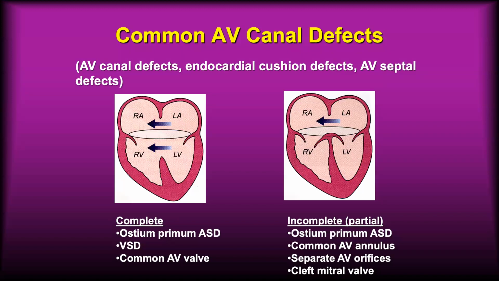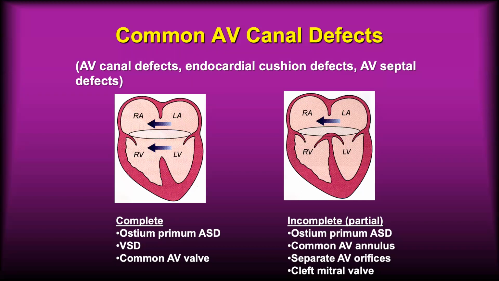So with a complete AV canal defect, there's a VSD, so that's a big difference. And you see that there is a common atrioventricular valve, so it looks like one annulus here. And you don't see septa in this region where there's a big defect.